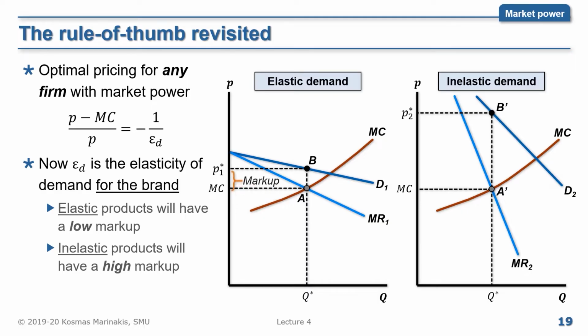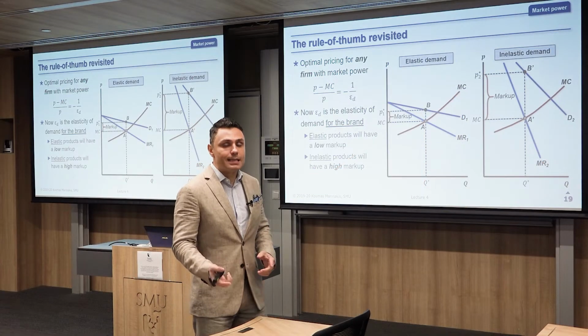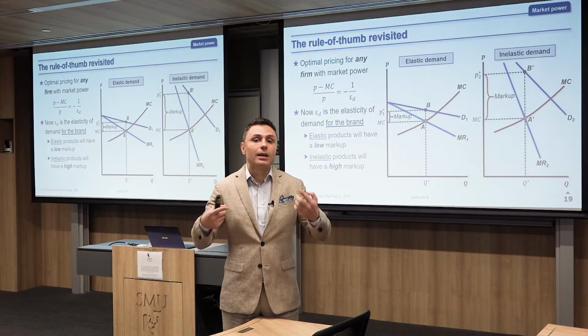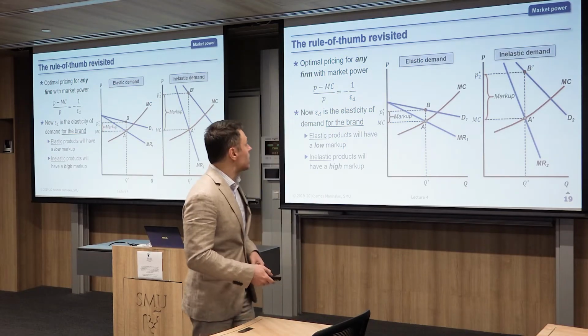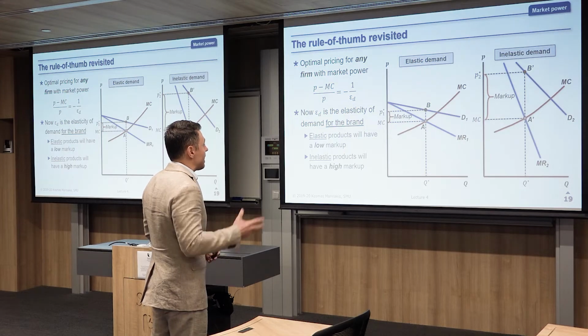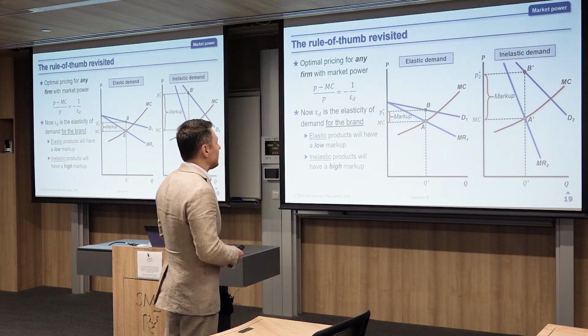The markup or the profit margin is between MC and P1 star for the elastic demand, and this much bigger markup between P2 star and MC for the inelastic demand. So you see, just the elasticity or inelasticity of the product creates a situation where the market price of the two products and the markup are entirely different.